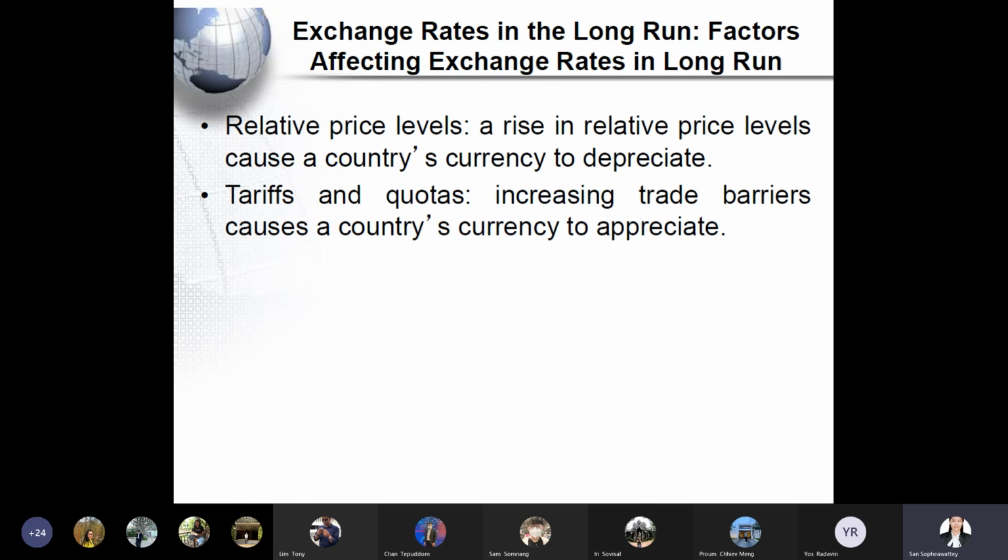So in the long run, a rise in a country's price level relative to the foreign price level causes its currency to depreciate. And a fall in a country's relative price level, just the other way around, causes the currency to appreciate.